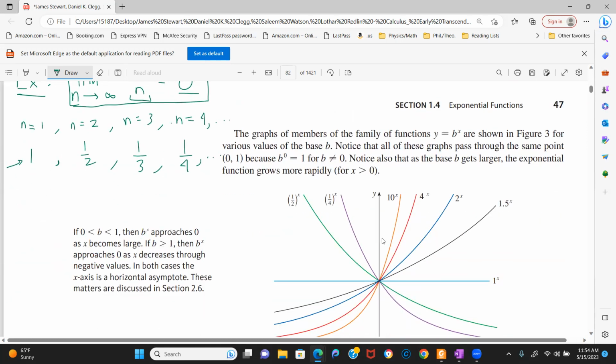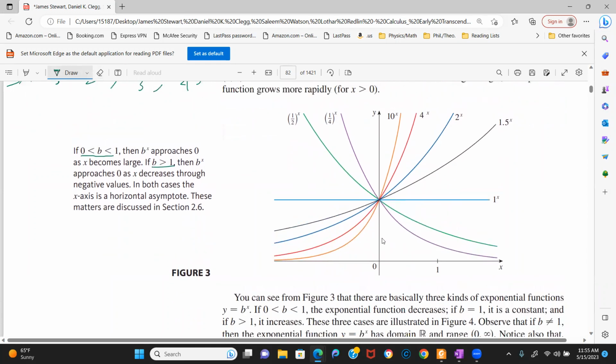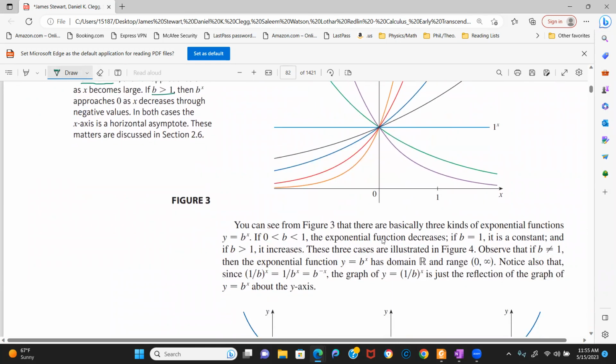All right, so here are some examples of the graphs of this function. Basically you have two cases: b is between 0 and 1, and b is greater than 1. So you're really only going to have two shapes.